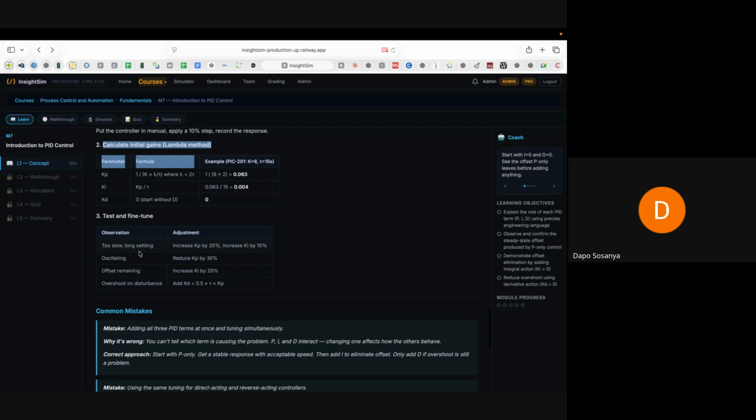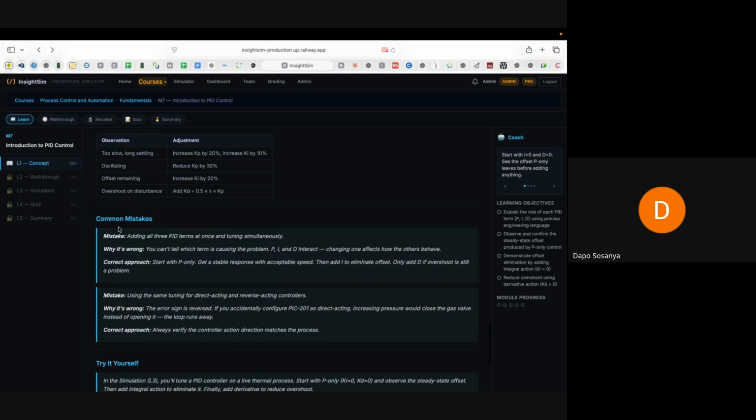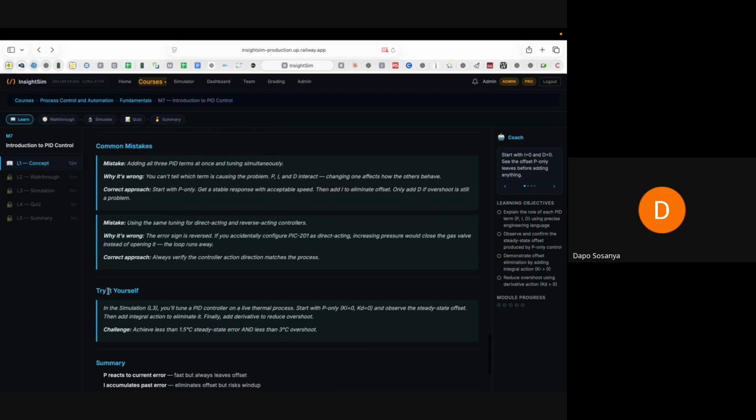So too slow, long settling, increase KP by 20%, increase KI by 10%. Oscillating, reduce by 30%. Offset, reduce. Overshoot on disturbance, add KD. And those are guidance on the values you use, right? And these are the common mistakes. So we'll try it in L3, right?